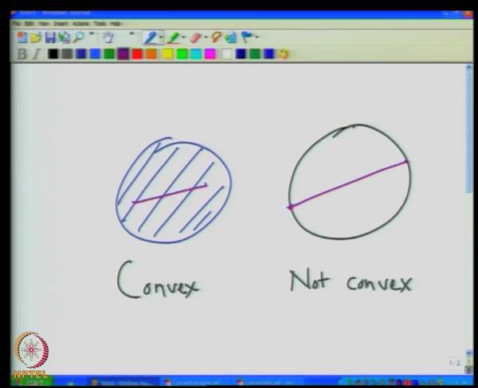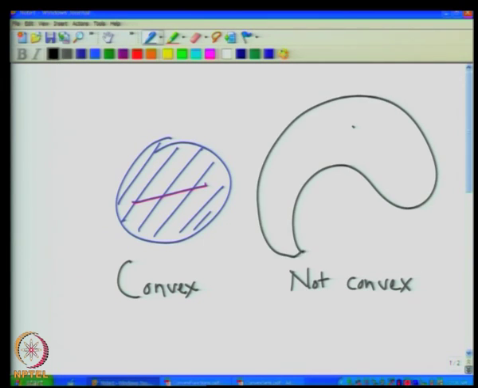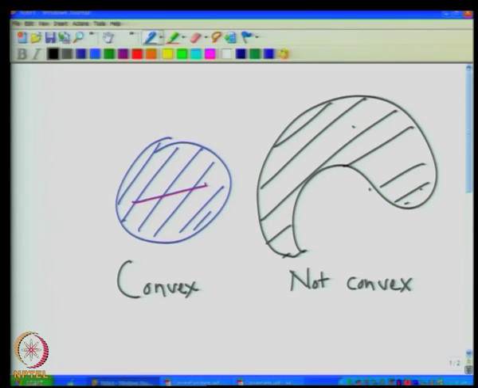So if we take a set like this, we see that this set is not convex, because if we take a line segment joining these 2 points, that does not lie within the set.